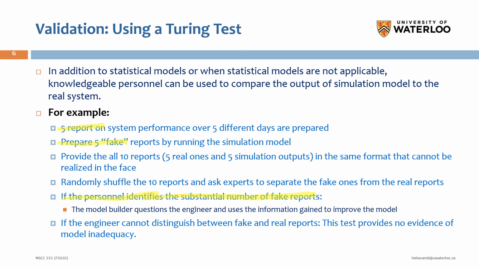So the simulation model needs to be modified. But if the experts cannot identify the fake ones, or they identify a smaller number of them, then we can conclude that the simulation model is working well.